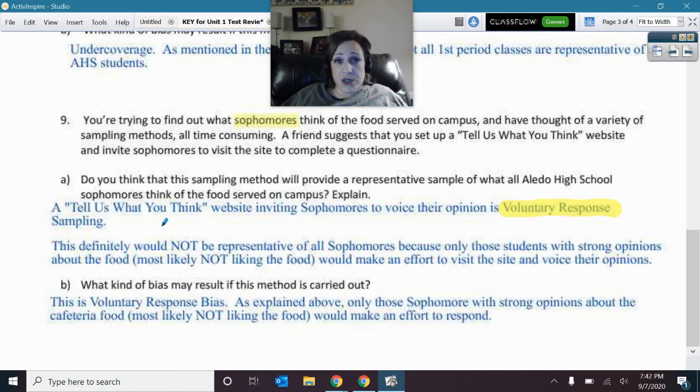And those are probably students who are not happy with the food service. If they're fine with it, they're just not going to log in their opinion. So this bias, of course, is voluntary response bias, because those who feel strongly will make an effort to take action and be part of the sample.